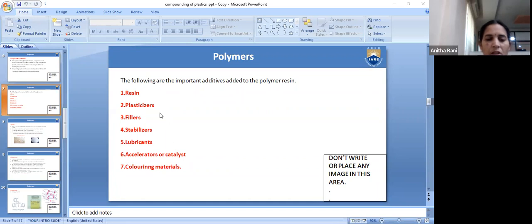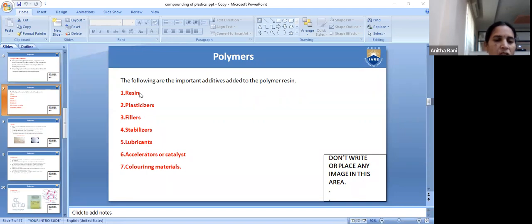These are the ingredients, additives we are adding to the resin. So remember, ma, the ingredients: plasticizers, fillers, stabilizers, lubricants, accelerators or catalyst, coloring materials.